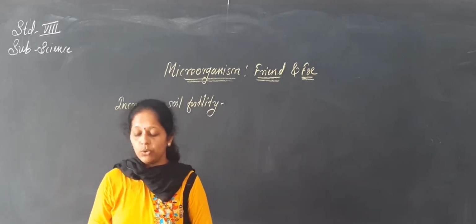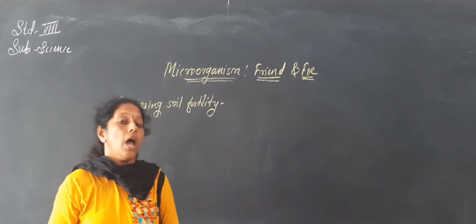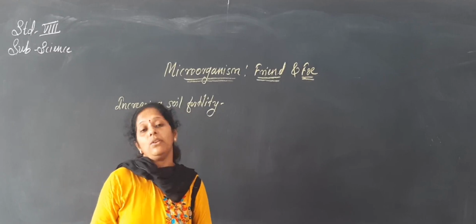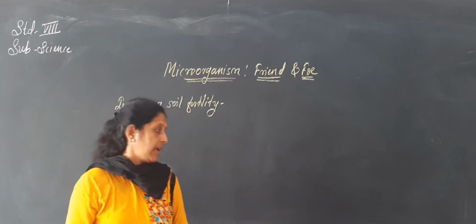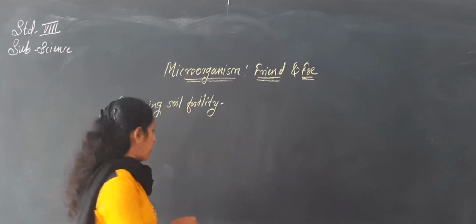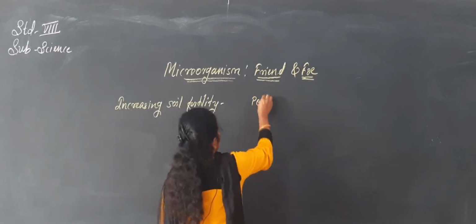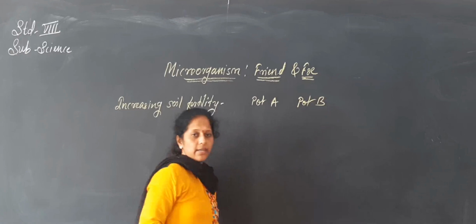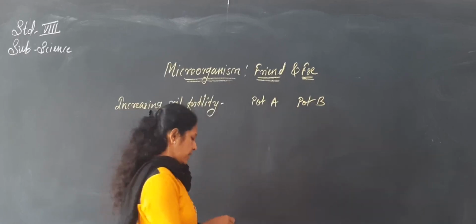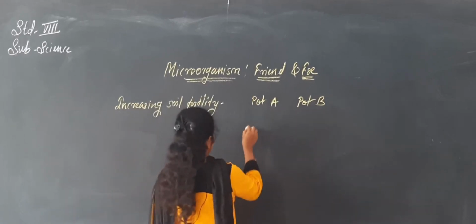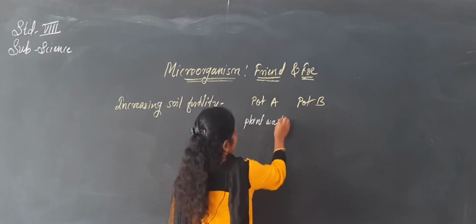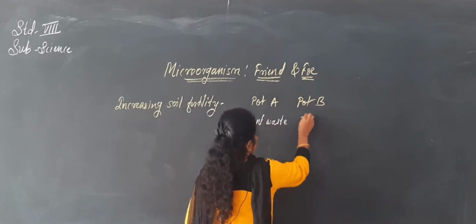Bhuj and Patil wanted to know how it happened, how plant and vegetable waste converts into manure. So here is one activity: take a pot A and a pot B. Take soil in both pots. In one pot add plant waste, and in the other add plastic and broken glass bottles.